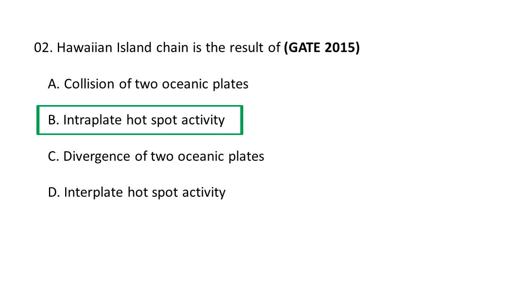The Hawaiian Islands are formed by a hotspot in the middle of the Pacific plate, which is constantly moving. The hotspot is a plume of magma that releases magma to the surface of the earth. As the plate moves over the hotspot, new volcanic islands are created in a chain. So the Hawaiian island chain is the result of intraplate hotspot activity. B is the correct option.